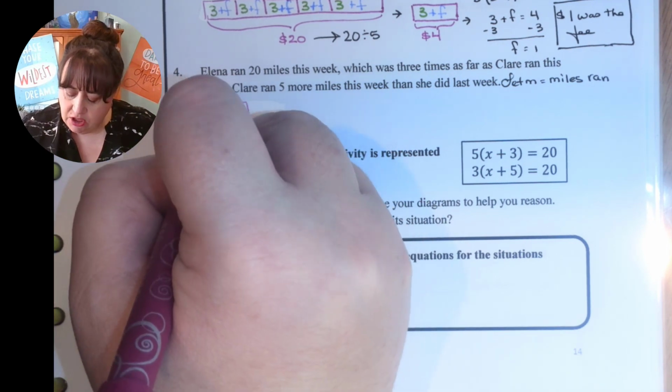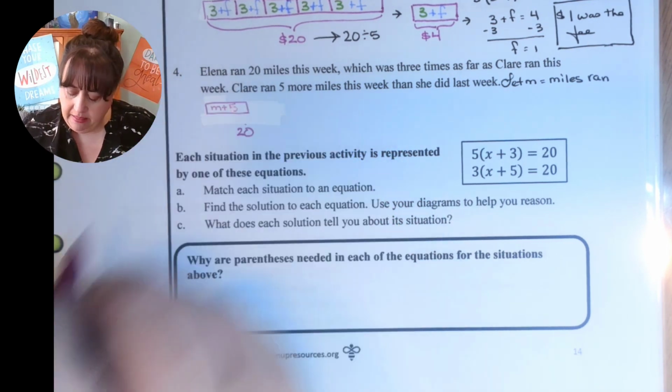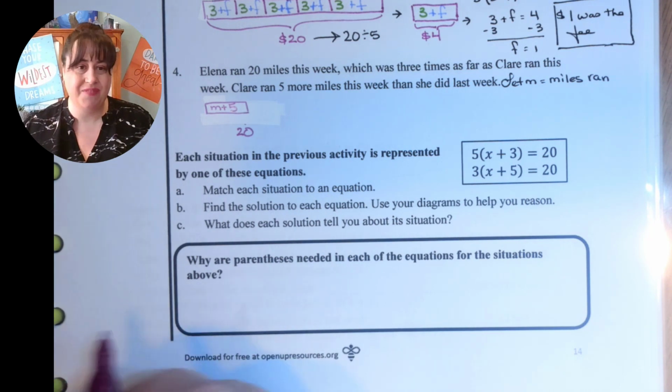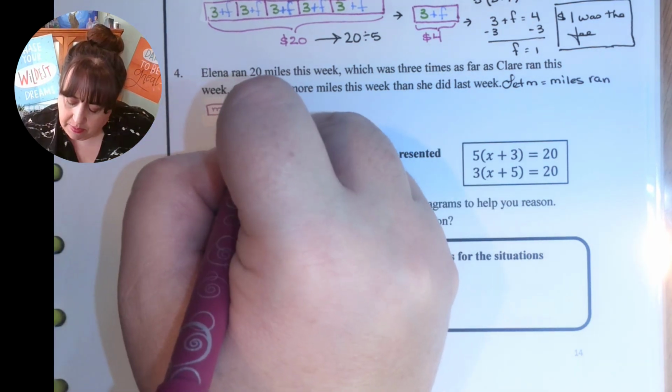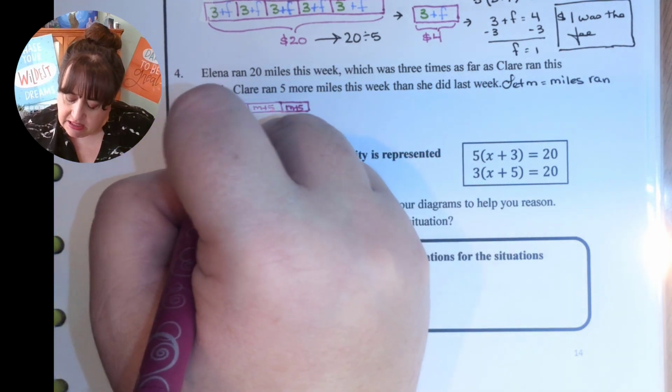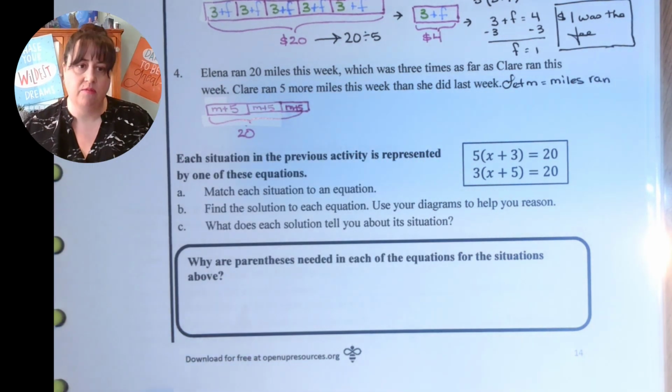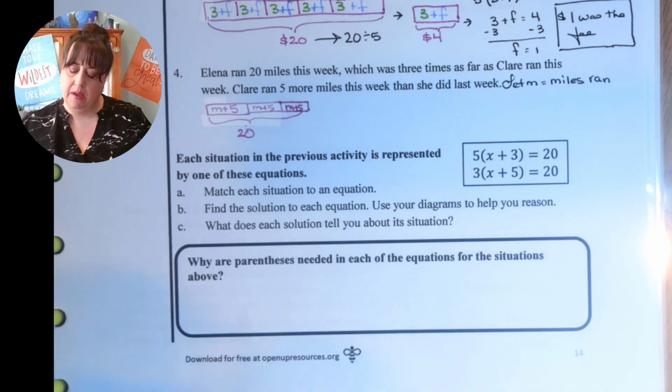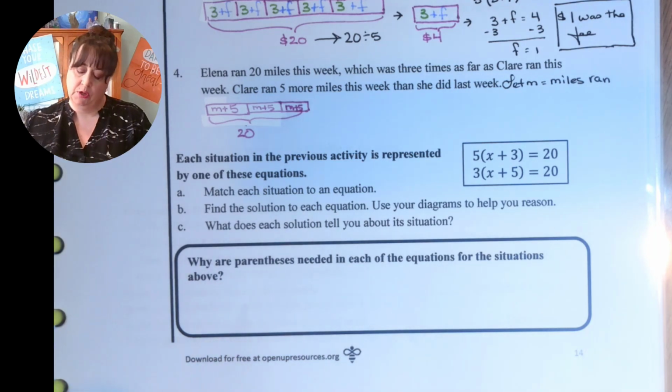So last week she had done M and then she did plus 5. So M plus 5 and then M plus 5. And it's all of that that equals 20. So the problem now becomes a lot like what we did up in number 2.